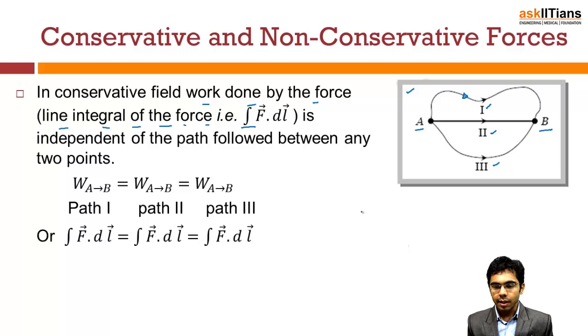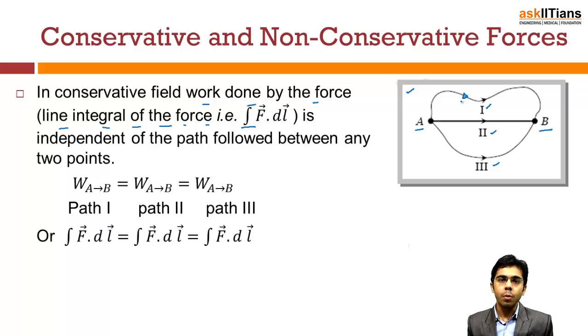Now what is a conservative field? That means that if the body is traveling along path 1, or along path 2, or along path 3, going from A to B, the work done by these paths will be equal.